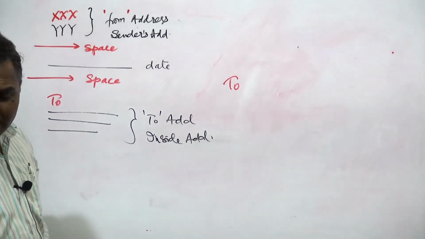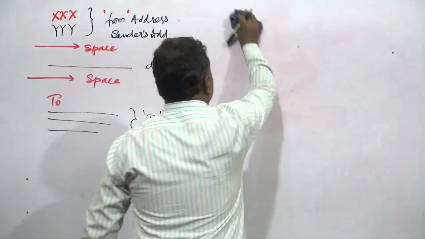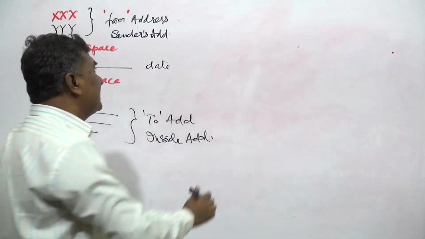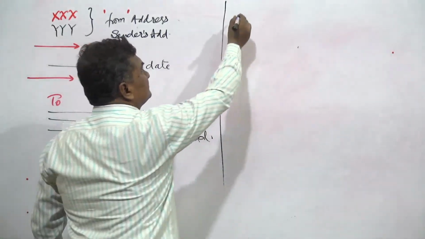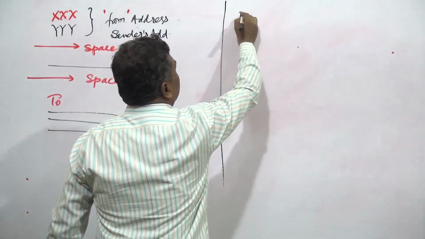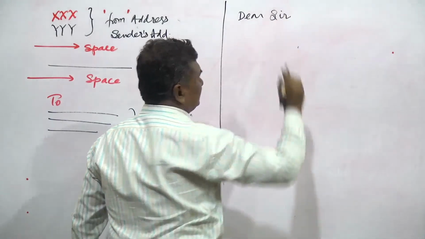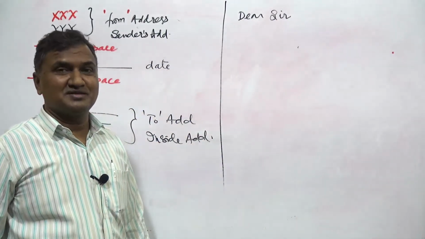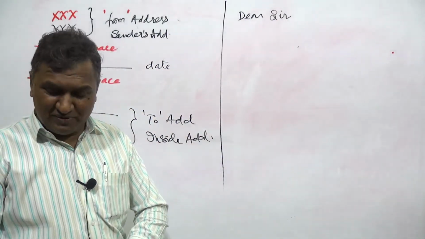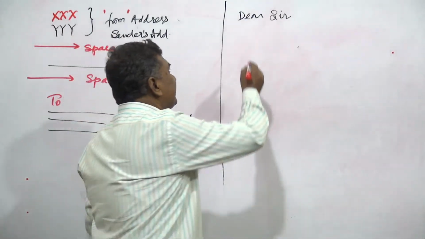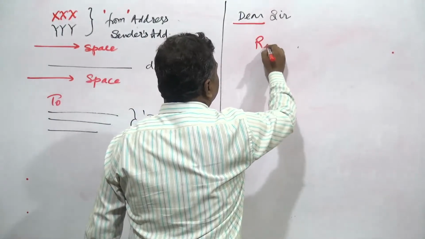After this, we have to write salutation. Next comes salutation. So it comes like this. Dear sir. This is also debatable. Many writers of the letter, in the place of dear, write respected.